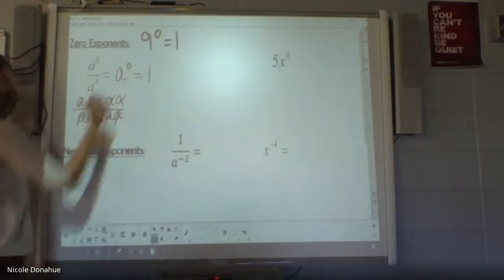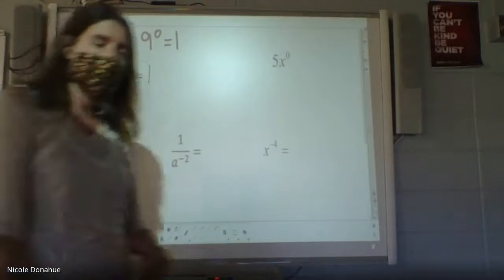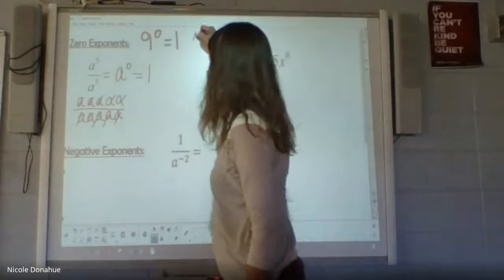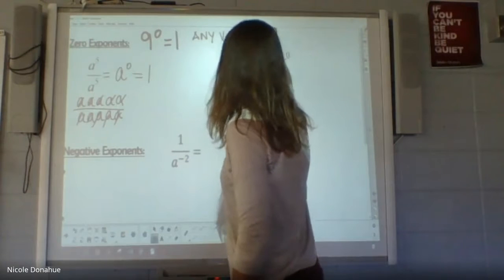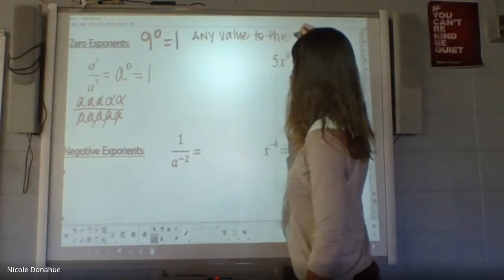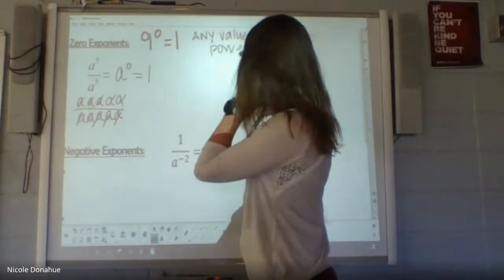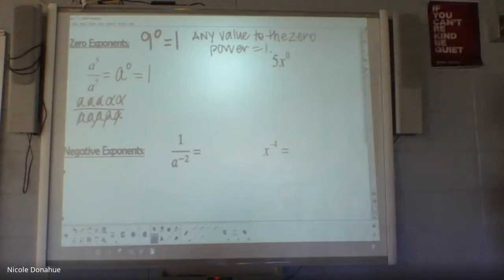So it's just going to equal 1. When everything cancels out, it just equals 1. So any value to the 0 power is always going to equal 1.